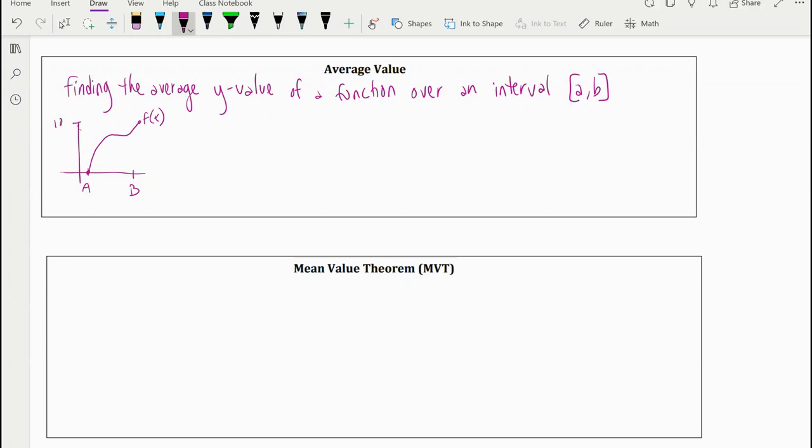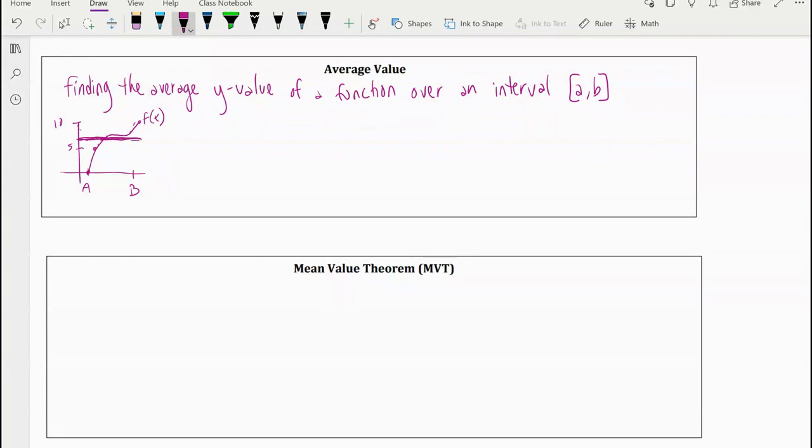Then my average y value is somewhere between 0 and 10. Now, is it 5? No, because if you look at your y values, we shoot up to numbers above 5 pretty quickly, and we spend most of the function above 5. So my average value is going to be somewhere like here, maybe. My average value might be like this.